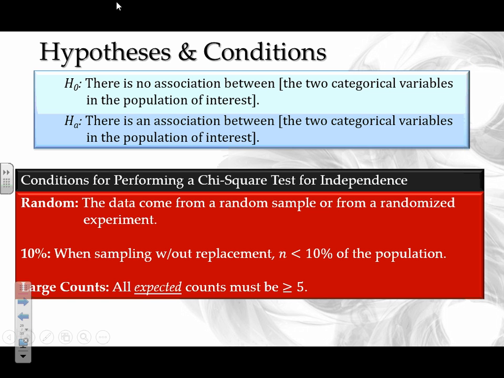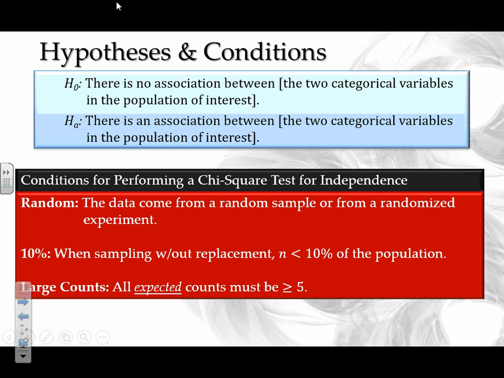So random, either a random sample or a randomized experiment. 10%, our sample must be less than 10% of our population, or if it's an experiment, we don't need it at all. And then the large counts, all expected counts must be at least 5.